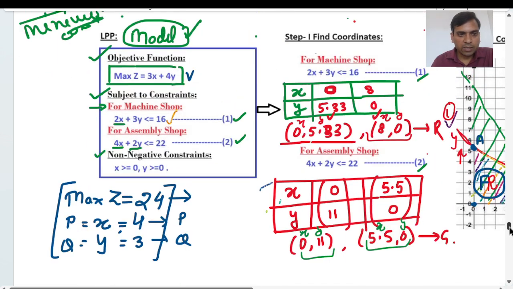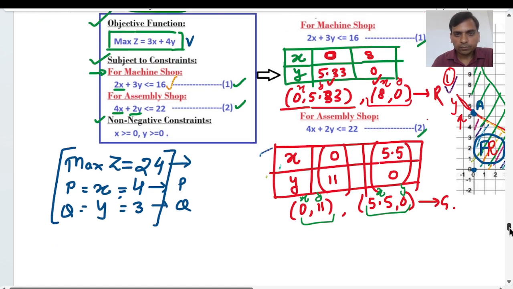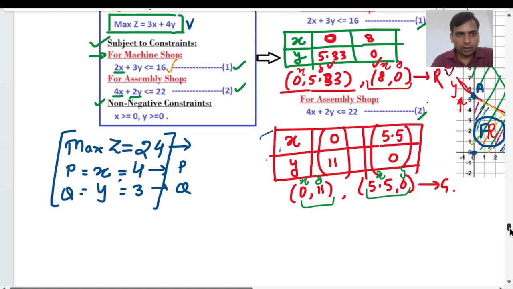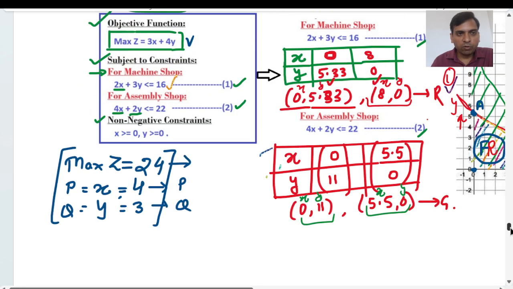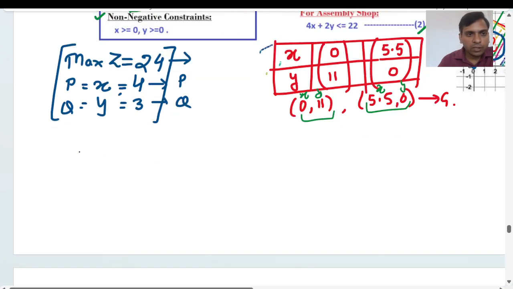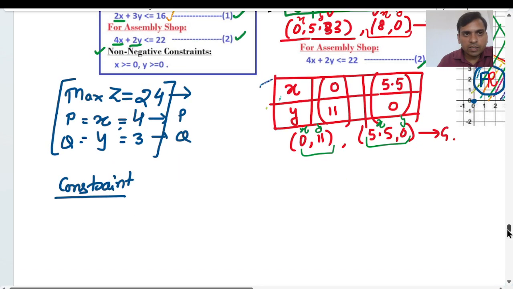Okay, so to attach this concept with sensitivity analysis, we will focus on constraints. Basically, this is based on constraints. In constraints, we have two things.